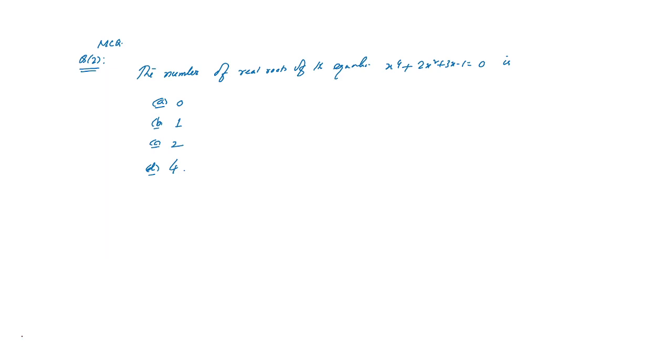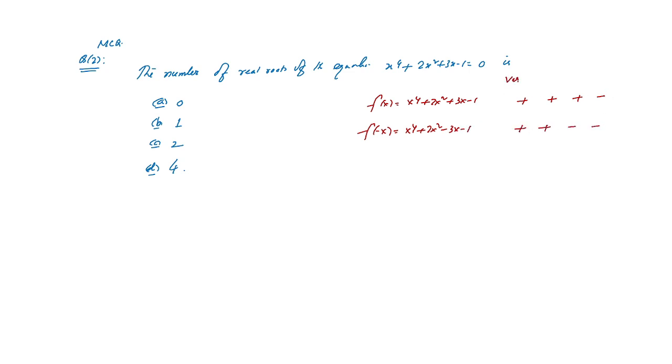But what will you do in the examination? You will think about f(x) equals x to the power 4 plus 2x square plus 3x minus 1. You just write the variation of the signs of the coefficients: plus plus plus minus. You will write the same for f(minus x): x to the power 4, plus 2x square, minus 3x, minus 1, that will be plus plus minus minus.